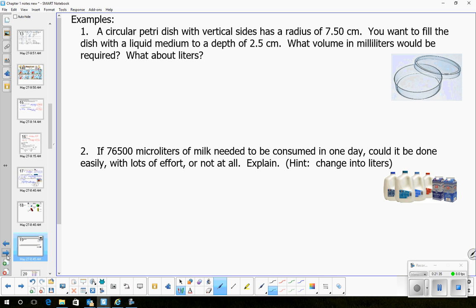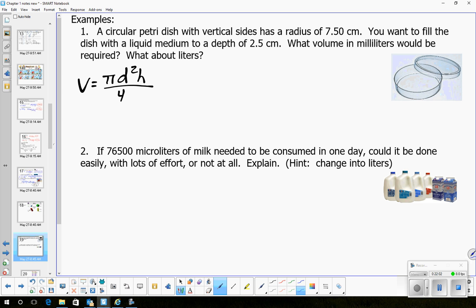What about liters? What calculation am I going to use? What formula do I need? The cylinder. So what's a cylinder to get volume? Okay, so we're going to put this in. I'm going to change to blue so you guys don't get lost there.